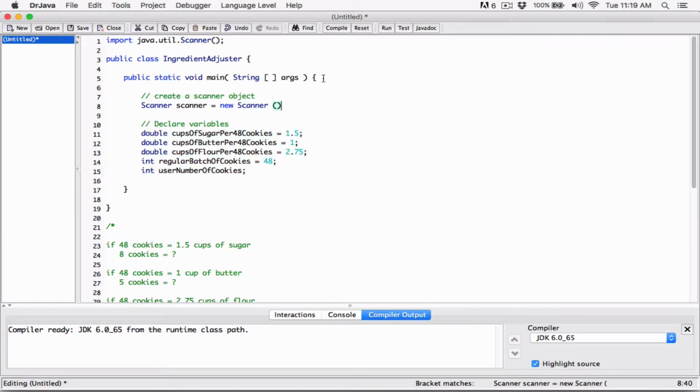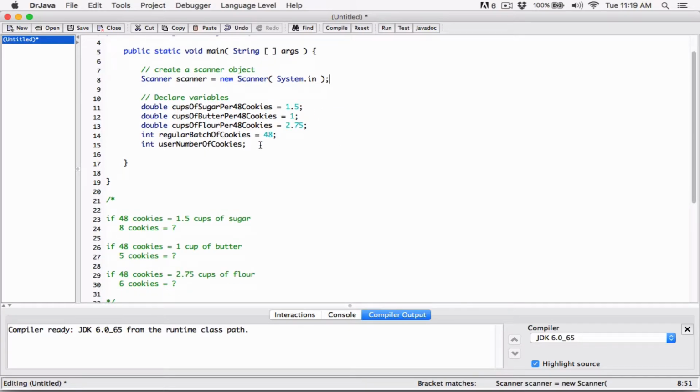We are going to use System.in to accept input as bytes, and use a method in the scanner class to convert whatever is accepted to ints or doubles or whatever we need it to be.